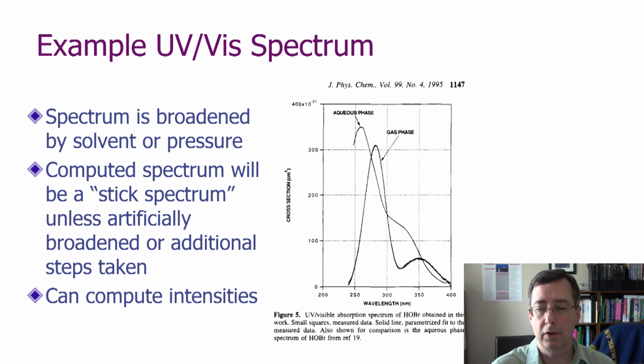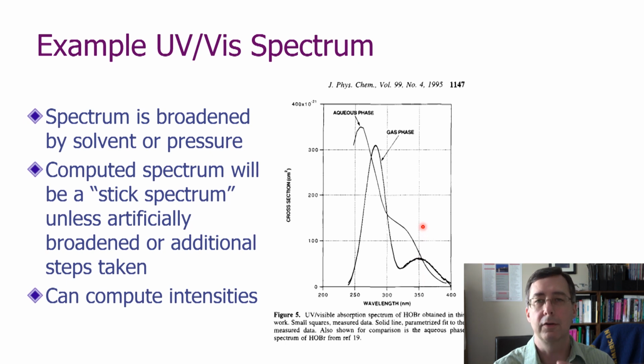All right, so just to show some example UV Vis spectrum from the literature, you can see that I have peaks that are kind of broadened, so they have some width to them. Unfortunately, this width is not easy to compute with quantum chemistry. We normally just compute a so-called stick spectrum, where we expect a transition here and maybe a transition here with no width.